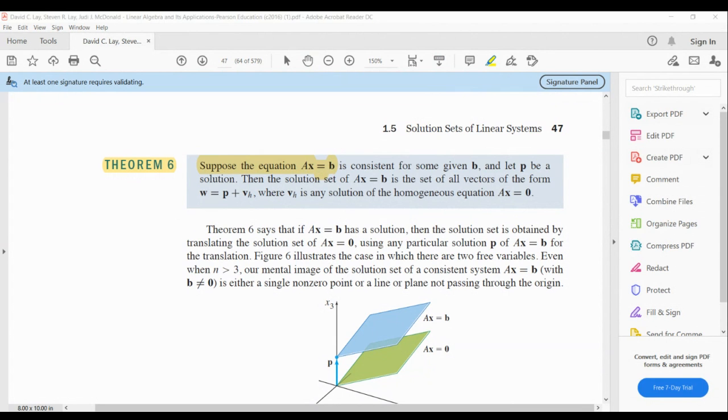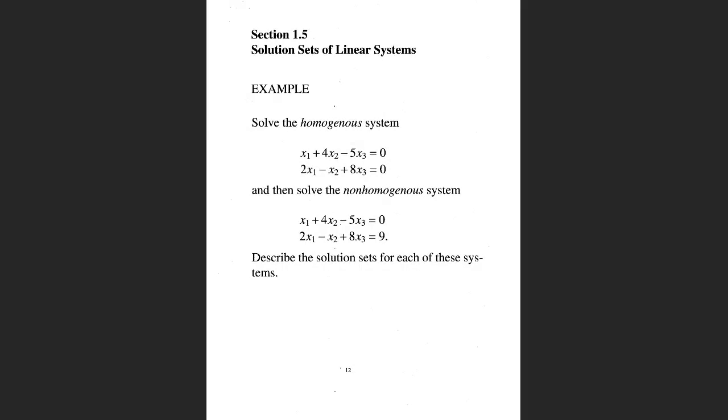Okay, so in other words, like in the example, I gave you a homogeneous system and a non-homogeneous system of equations, right? If we go back to the example, let's think of it like this.